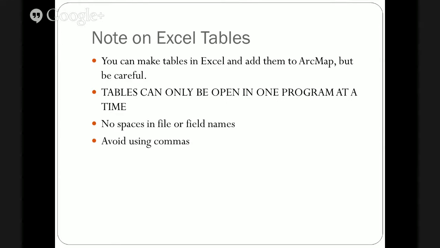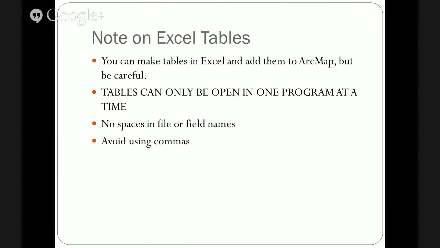Now, another mistake that people often make is they try to add the whole workbook. You cannot do that. You have to add the individual spreadsheet. Another problem people commonly make is they put spaces in file names or in field names, and this is again a big no-no. So a field name or a file name can never have a space. Use an underscore instead.